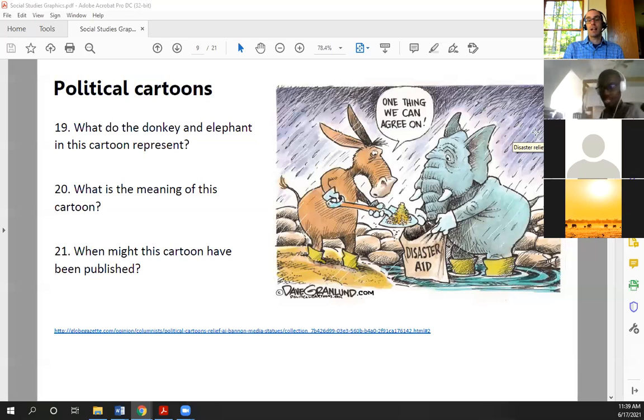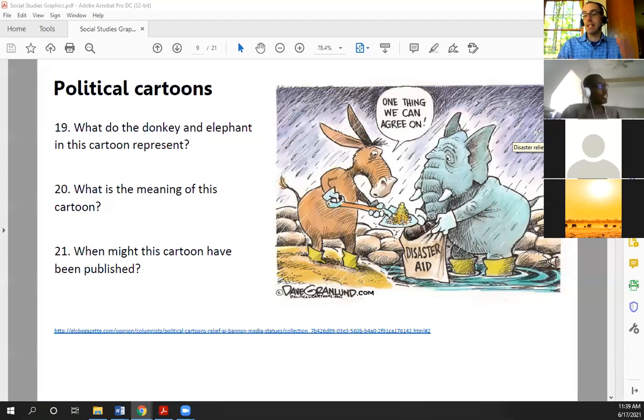They don't know why. It goes back a long way, 100 years or 150 years. I don't know why, but at some point the Democratic Party started being represented in cartoons by the donkey, and the Republican Party started getting represented as an elephant.